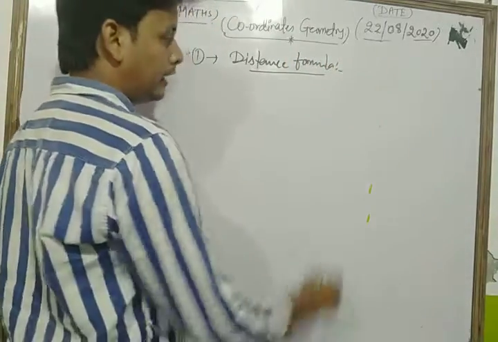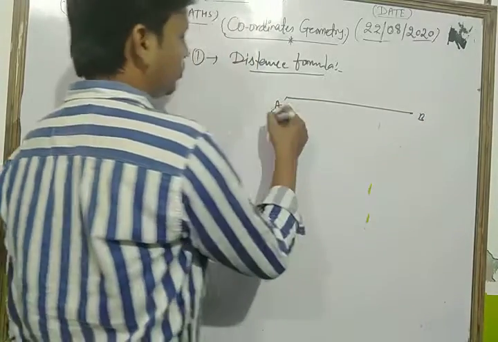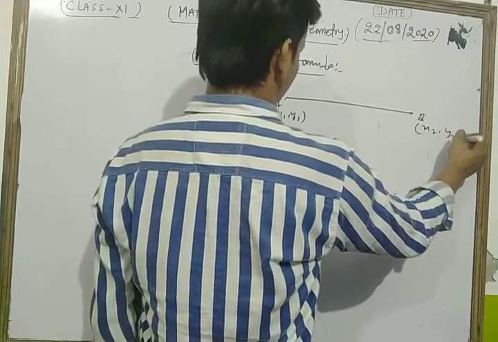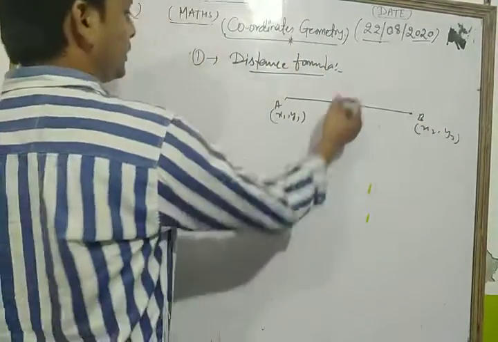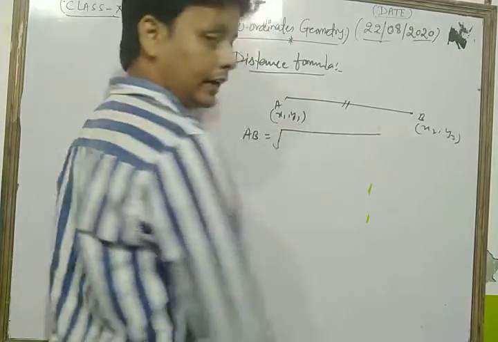Dear students, you know that very well. If two points A and B have coordinates (x1, y1) and (x2, y2), then the distance between them, AB, the formula is what?